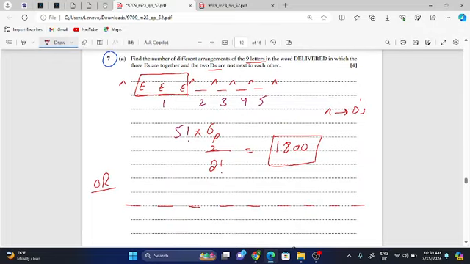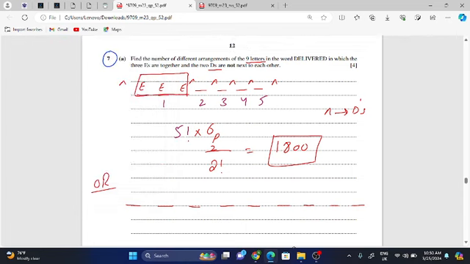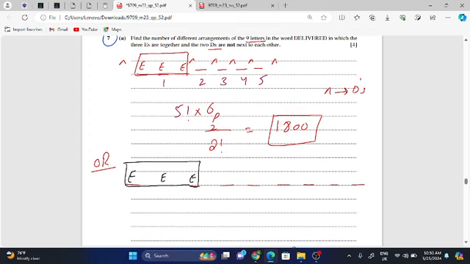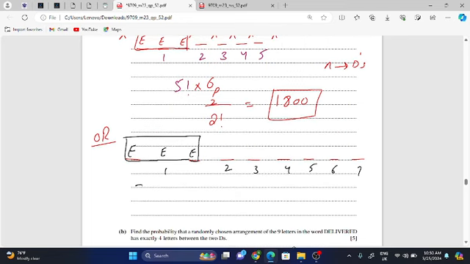So I'm creating a group around the E's together. This is treated as a single unit. I'm not going to place any restriction for D. So 1 unit, 2, 3, 4, 5, 6, 7. It means that 7 combinations are possible.